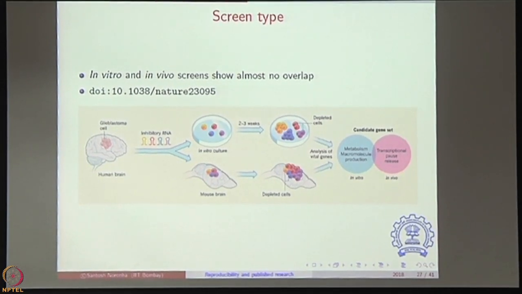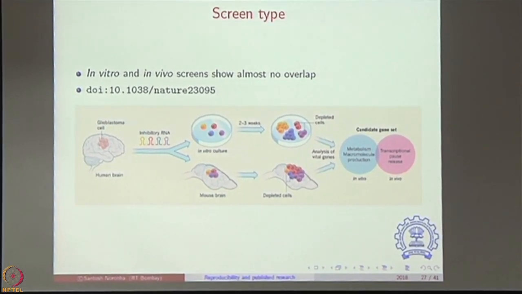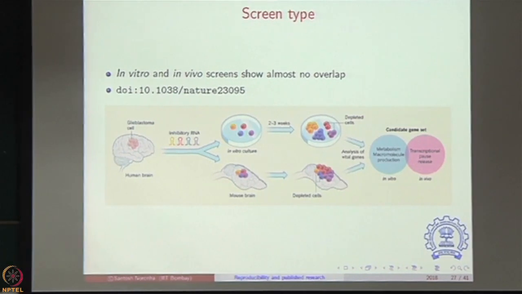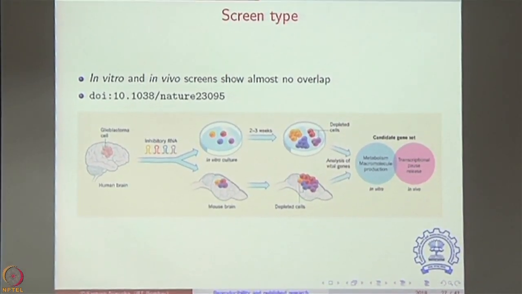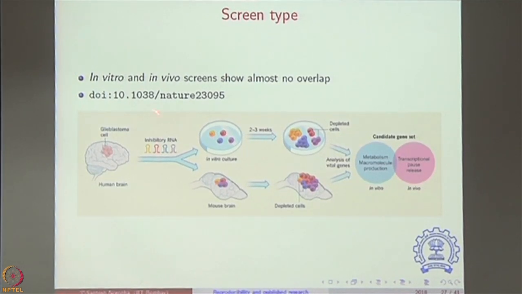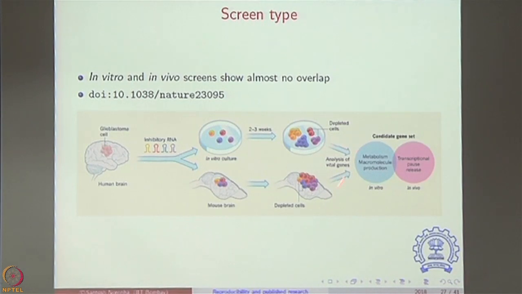Here is one experiment of poor design where you are screening for certain drugs to do with epigenetic control in a glioblastoma system, and the screen which was done was an in vitro screen. There are two ways this finally got done: an in vitro screen, relying on an RNA interference kind of protocol to identify targets, and the in vivo screen, where you directly load these cells onto the brain and then look for changes in function.